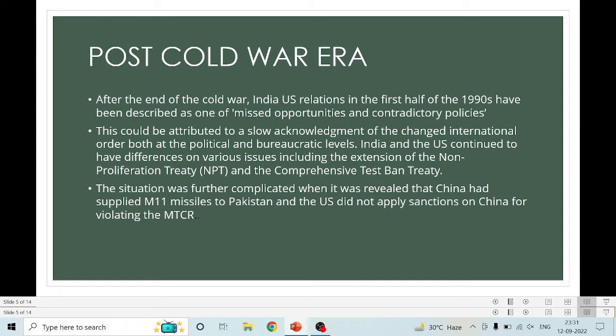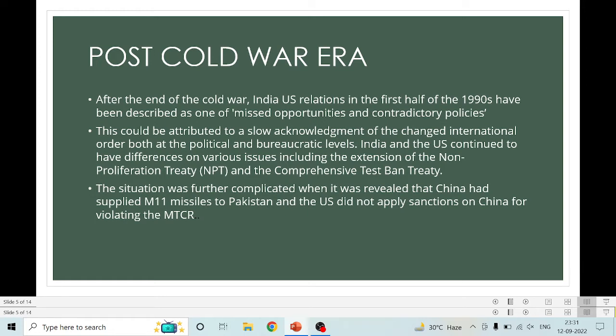There was continued difference with regard to the non-proliferation treaty, because back in 1974, when Mrs. Indira Gandhi conducted a nuclear test, there was widespread hue and cry from the United States. So again, they were telling that India had to sign NPT and Comprehensive Test Ban Treaty, but India's stand was clear.